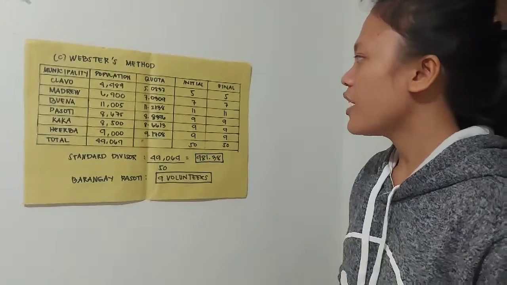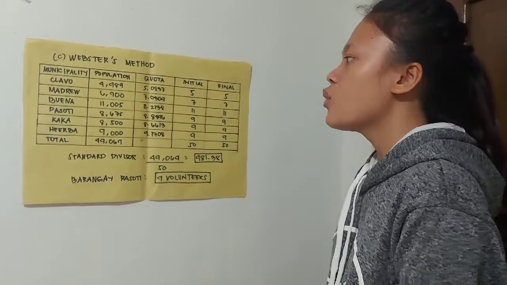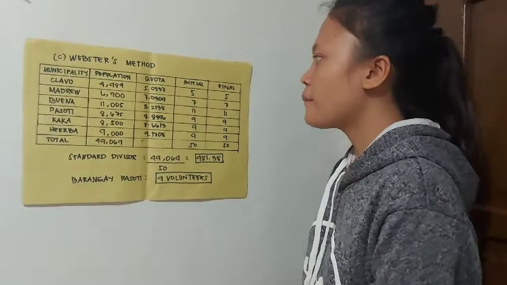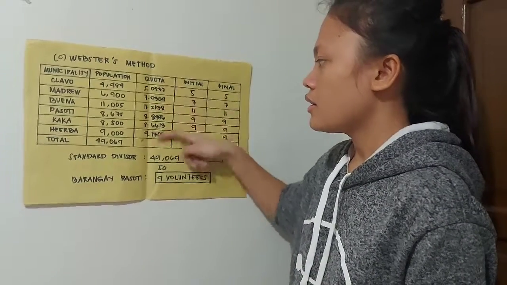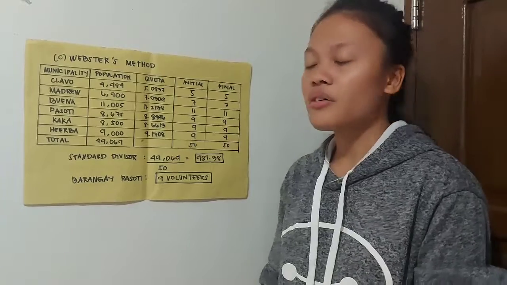In finding the initial numbers of these municipalities, we need to rely on rounding them off.